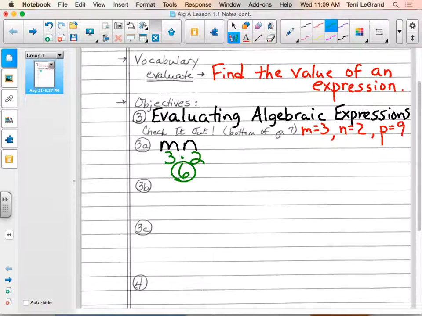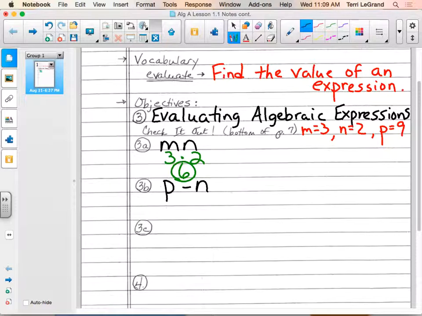Okay, let's write down our next algebraic expression. P minus n. Or p decreased by n. Or n less than p. What's the next step? When we've written down the algebraic expression, what do we do next? What's that step called, Jessie? We just put the numbers in, don't we?